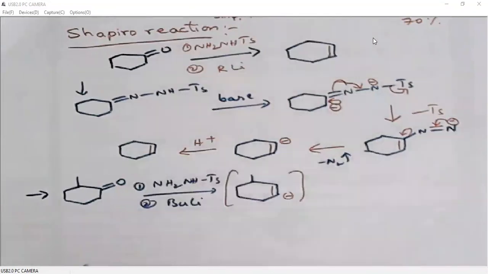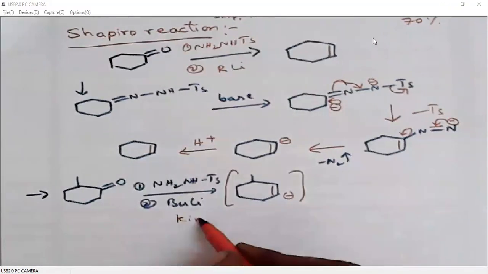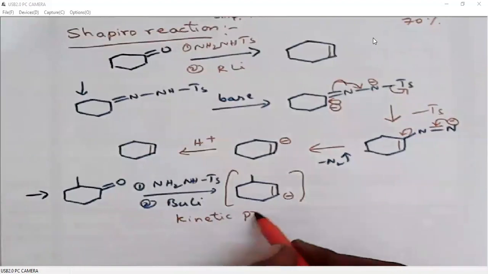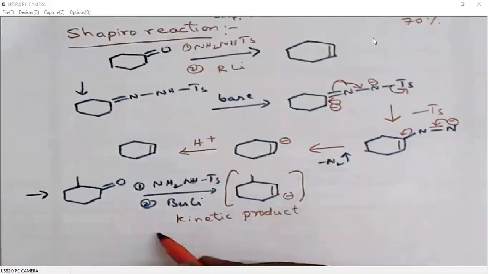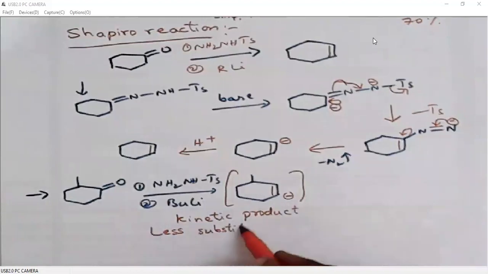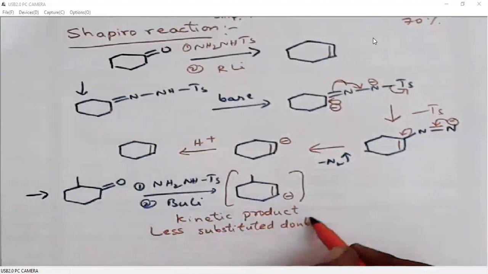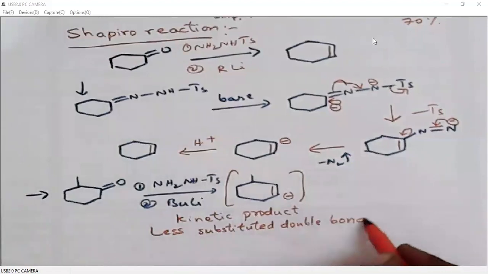So we will get the less substituted double bond here. It is a kinetic controlled product. That means the less substituted double bond is the product here.